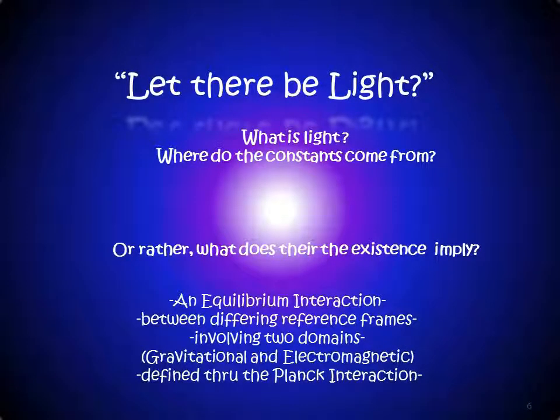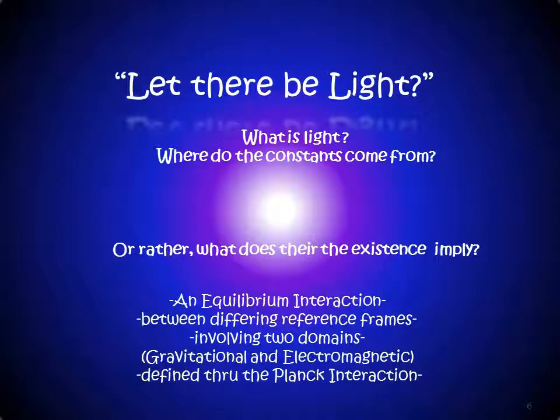We're getting closer to really approaching the Planck interaction, and I want to ask some questions, set some context, and then we're going to dive right into the Planck interaction. The first question is, we've all heard the phrase "let there be light," and I want to ask you, what is light, and where do the constants come from?